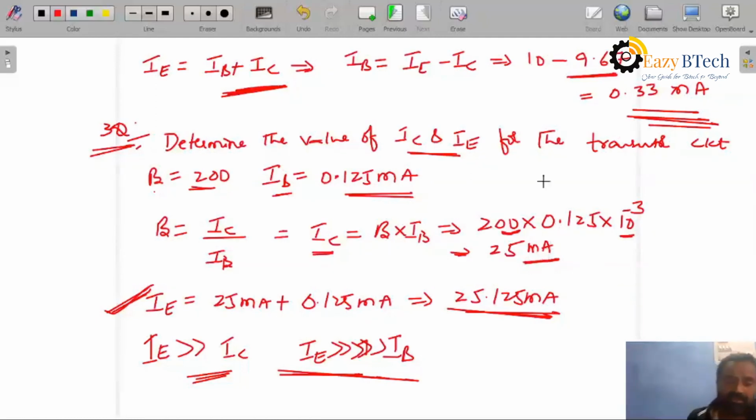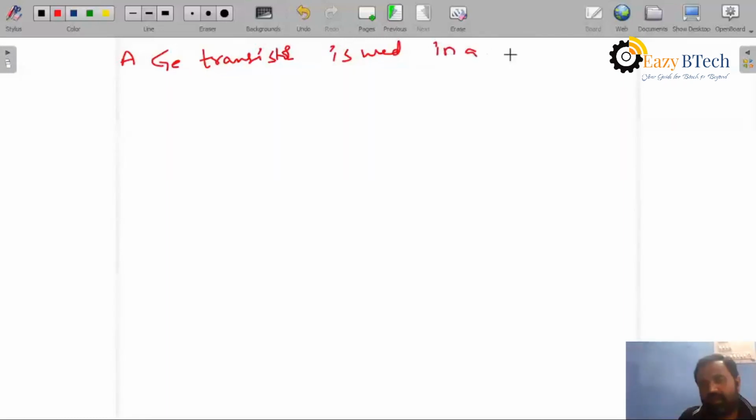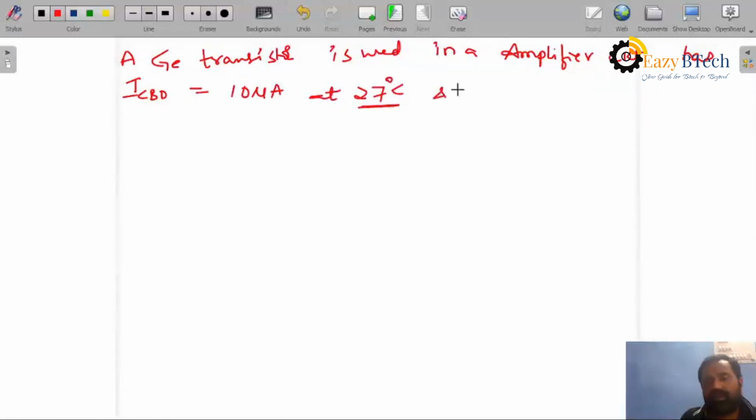Okay students, next problem we will take. A germanium transistor is used in an amplifier circuit, has ICB0 as 10 microamperes at 27 degrees centigrade and HFE is 50.